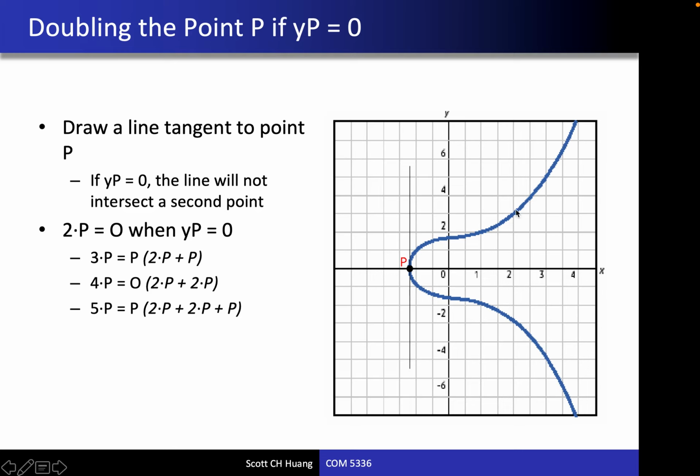What is 2G? We draw a tangent line like this, and it intersects a point here, and then we do the mirror point. This will be 2G, and then 3G is 2G plus G. We draw another line, and according to the formula, we get another point. So we have G, 2G, 3G, 4G, and hopefully it can cover the whole curve.